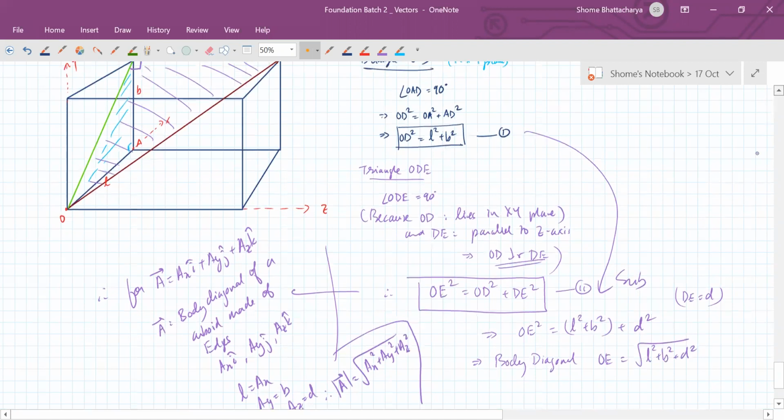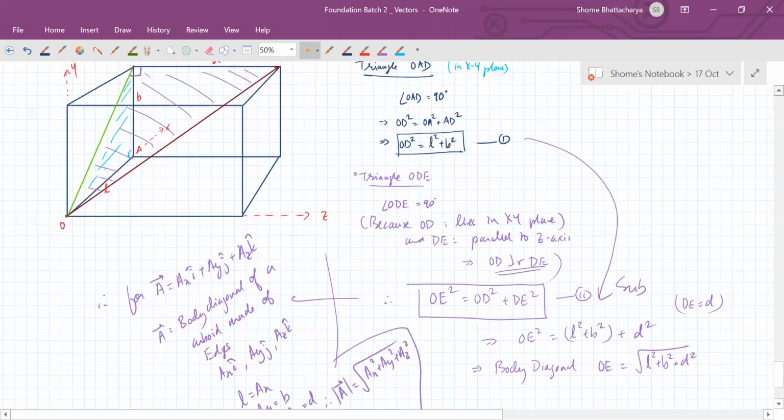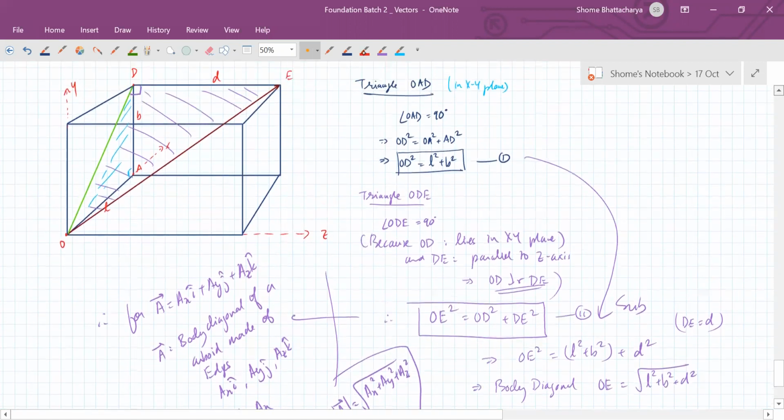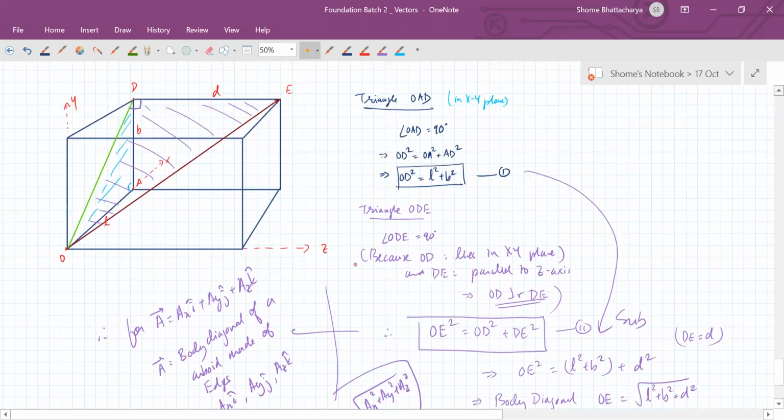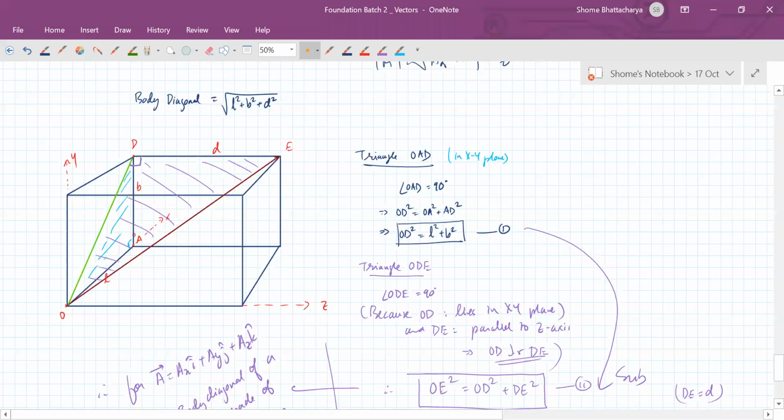Okay. So just make sure that you understand the geometry of these two triangles first. This triangle and this triangle. Once you are convinced about the geometry of these two triangles, try and visualize this properly. It will become clear to you.